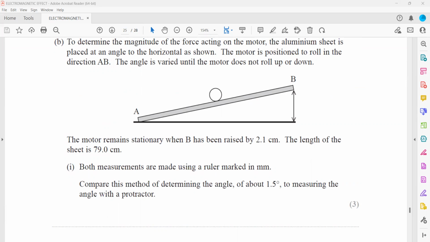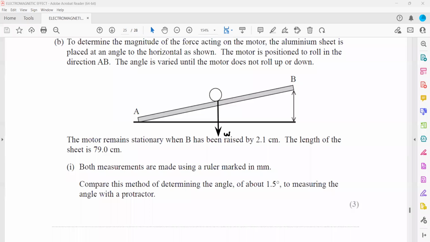So how can we work out the force? The weight of this motor is acting downward. So the weight is there, acting downward.